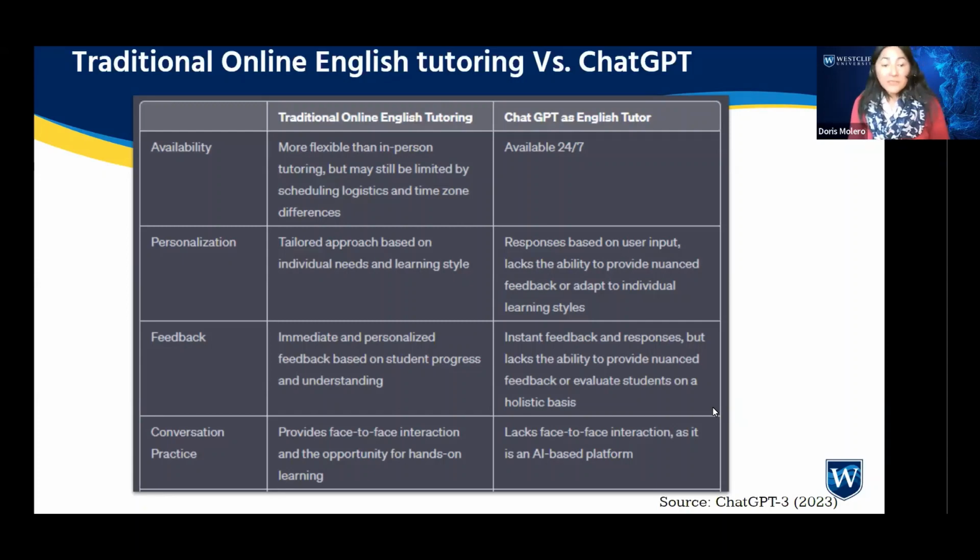On the other hand, ChatGPT is more affordable, available 24/7, and it provides a wider range of resources, but lacks face-to-face interaction and may not be effective for learners who prefer a personalized approach. Both tutors offer immediate feedback and error correction, but traditional tutoring may provide more nuanced feedback.